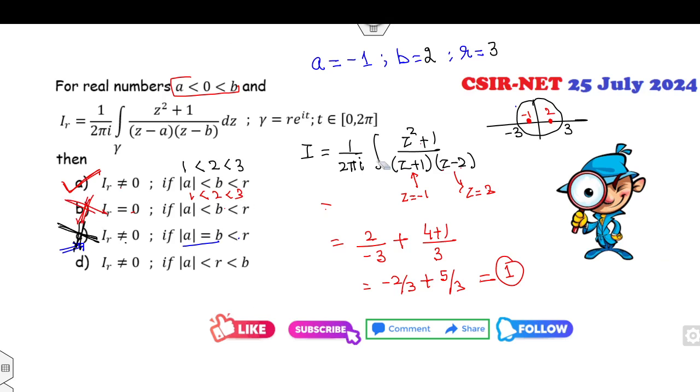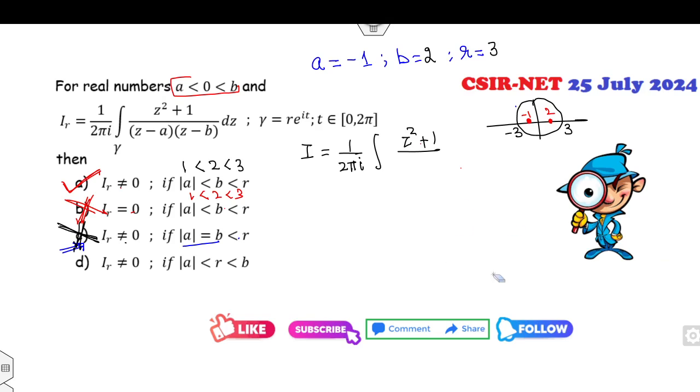Look at the last option. Here a is less than r is less than b. So in this case, this example is not satisfied. So what I can do is I can choose b is equal to 4, r is 3. So you can see this case will be satisfied. I can substitute this number, r minus 4. Fine.